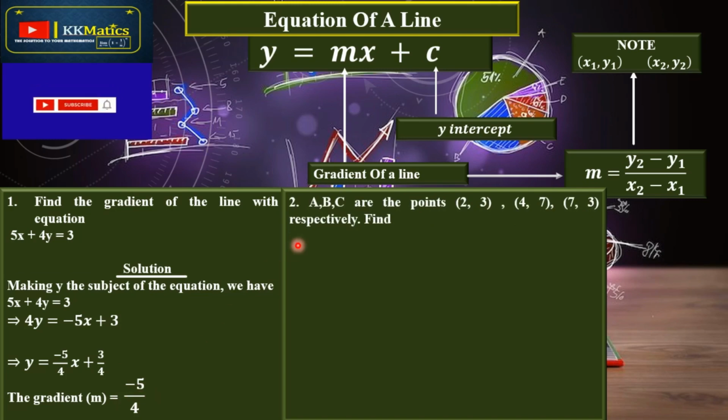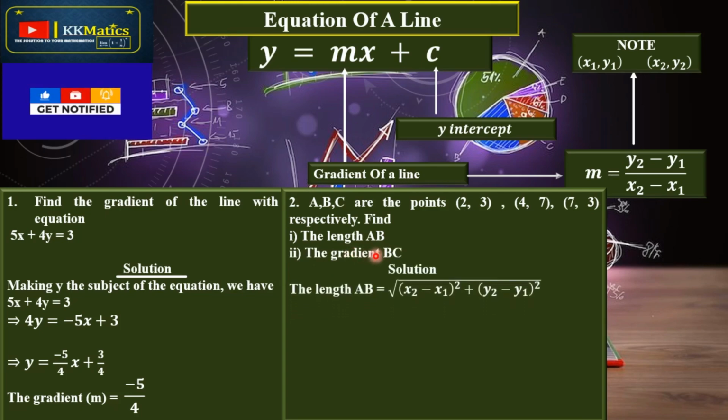Example 2. We're told that A, B, C are the points 2, 3, the coordinate 4, 7, and the coordinate 7, 3 respectively. We are told to find I, the length AB, and II, the gradient BC. Solution here.